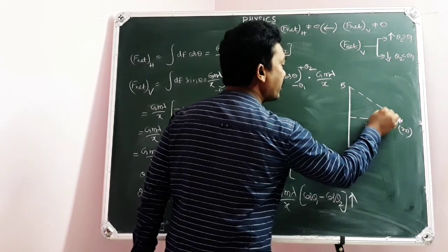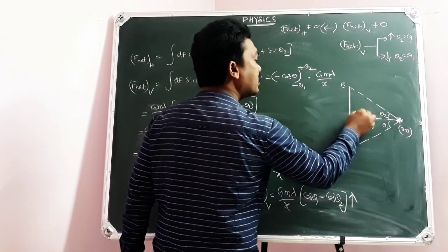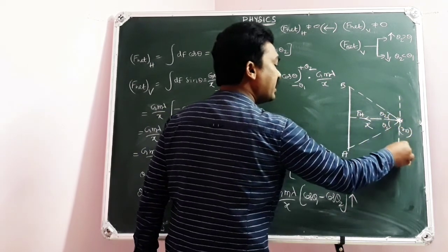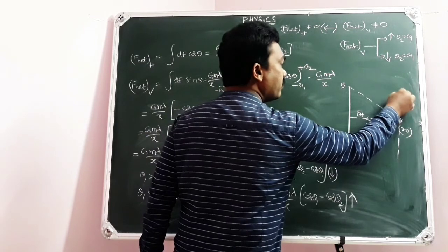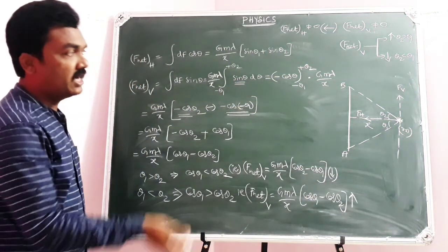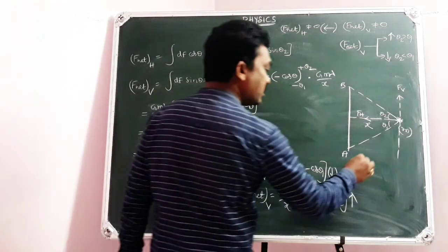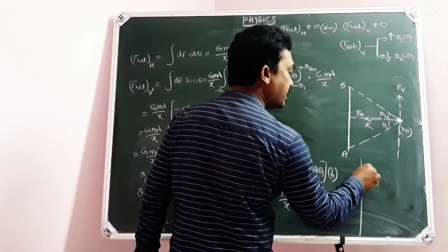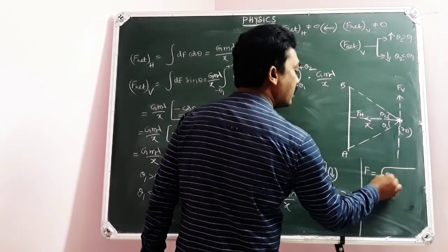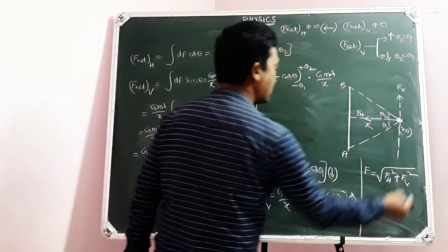I told you this already. So this is a net horizontal force, and the net vertical force will be either vertically up or vertically down. So the net force of gravitation on the particle is the root of horizontal force squared plus vertical force squared, because you learnt vectors.